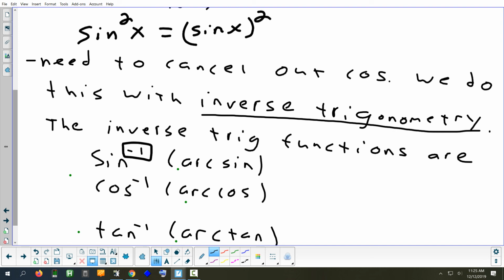Nobody writes sine squared the way I showed you on the right; they write it on the left. So the point is, if you have a number higher than a trig function, and it's any number except a -1, then that number is an exponent. If it's a -1, that's just a very special case, meaning inverse. Just the way it is. So any questions on that notation?